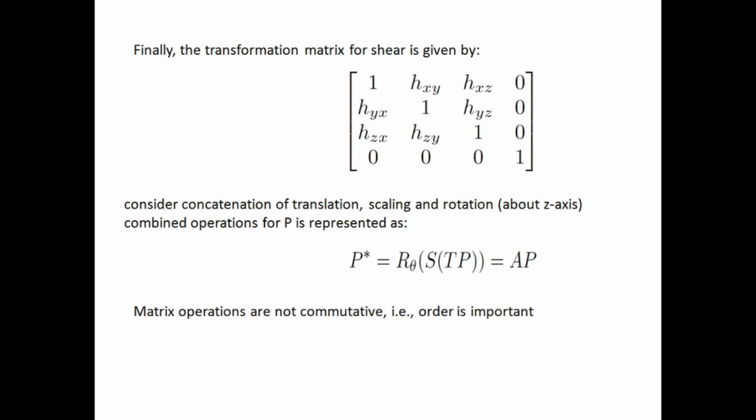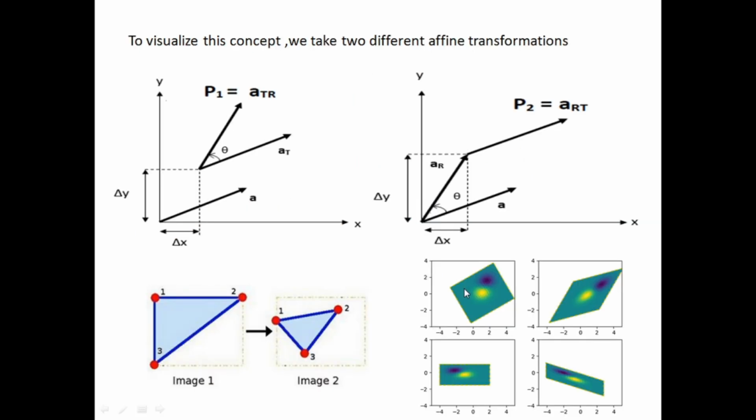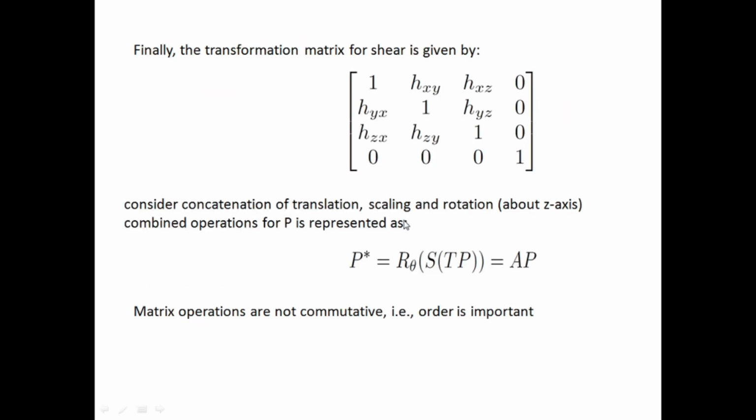Now consider a concatenation of translation, scaling and rotation, about the z axis for suppose. The combined operation for this old point, if I assume it as P, gives the new point P star. So what is this new point P star now? Okay, let me give you one example to visualize this statement.